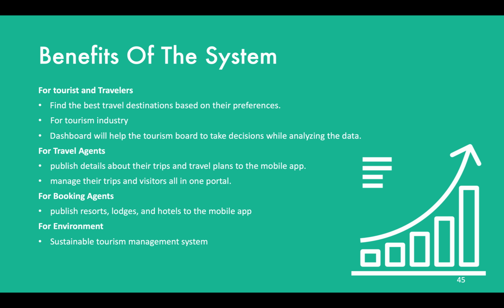And when they travel to those locations, they can do the hotel bookings, even restaurant bookings. From this application they basically have the whole package of what they need for the traveling period.